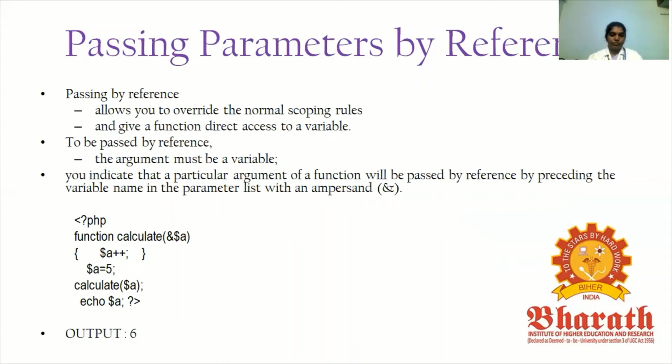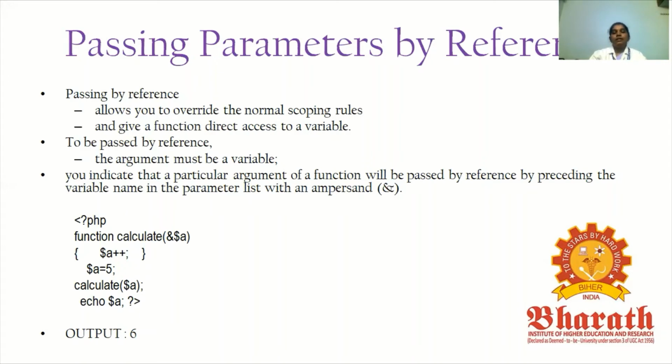Outside of the function we have $a equal to 5. So what is the value of a? Initially 5, right? Calculate($a). It won't pass the value, it only passes the reference, meaning the address only. Inside the function we have $a++. The initial value of a is 5. When the calculate function is invoked, the reference of the address only is passed.